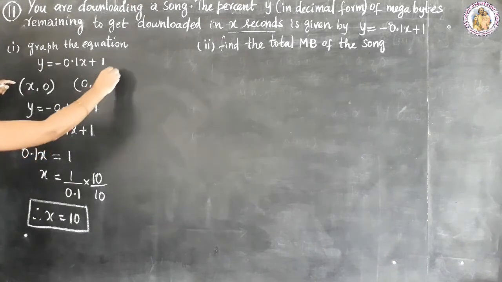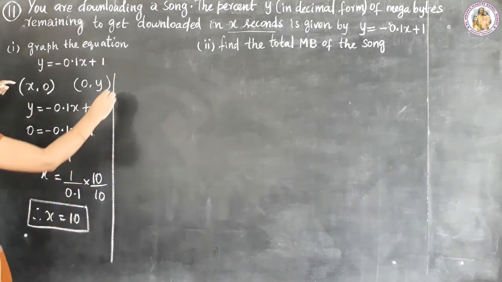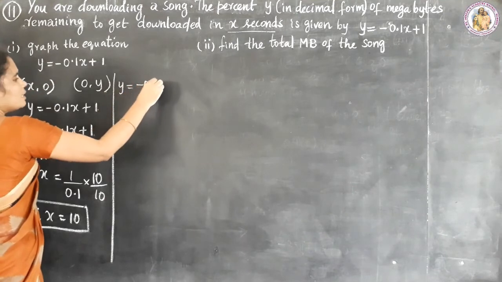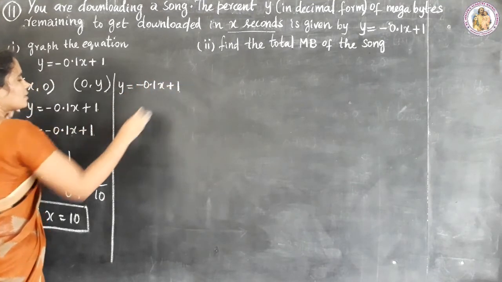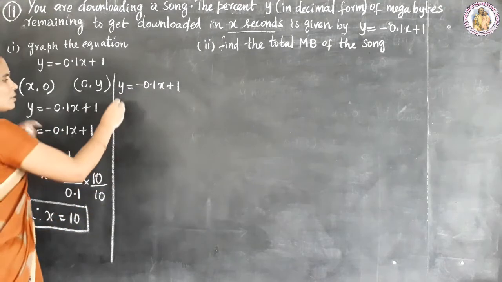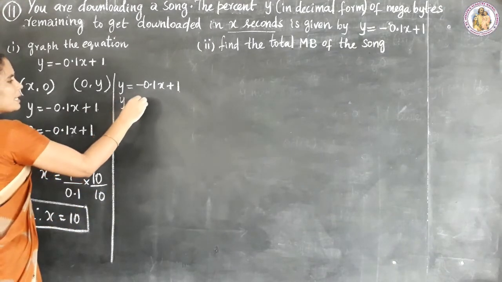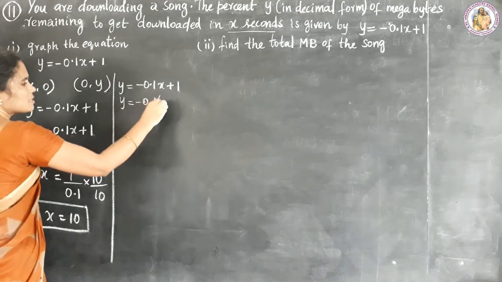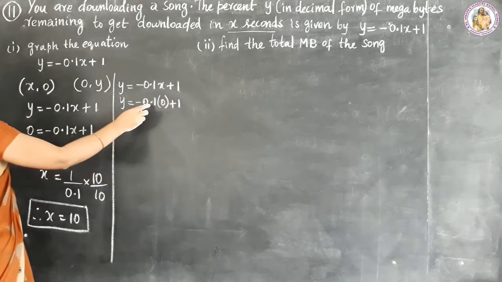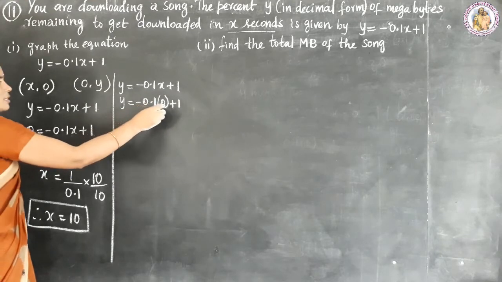Now to find the value of y in y is equal to minus 0.1x plus 1, x is equal to 0. So y is equal to minus 0.1 times 0 plus 1. Minus 0.1 into 0 is 0.